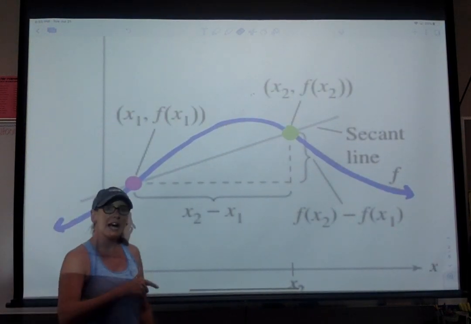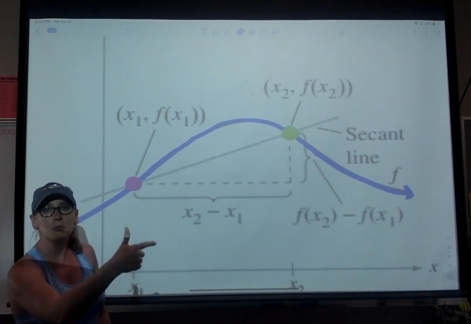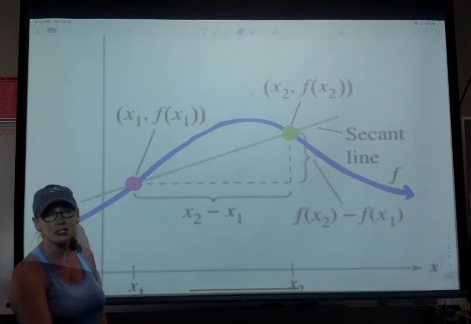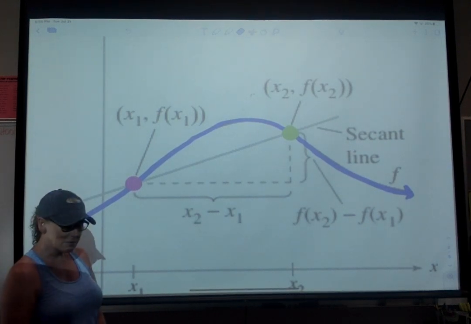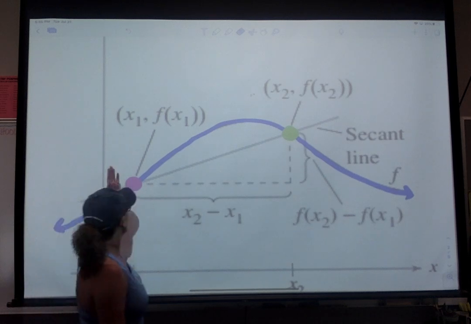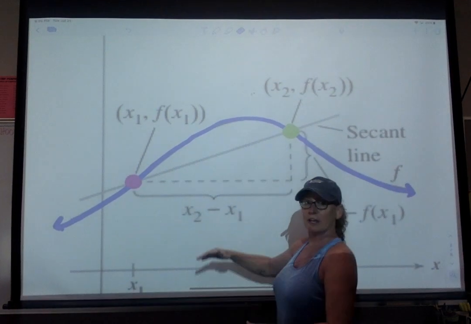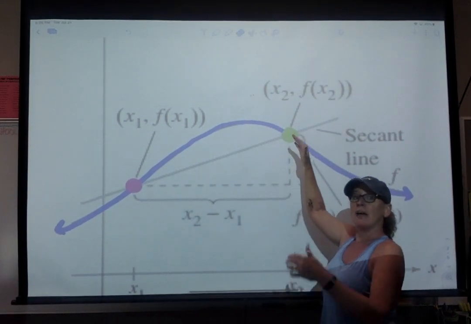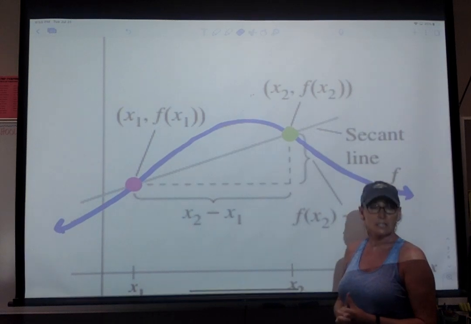Tell me, how did the blue function change from the pink point to the green point? You should probably say something like, well, from here to here, the blue function went up some and then came back down. Yes, it did.